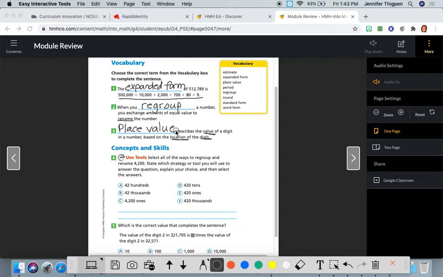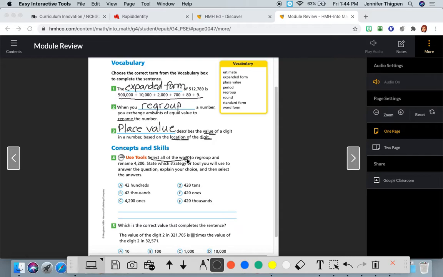So here it says select all of the ways, and you're going to have several test questions that have more than one answer. So read those test questions carefully and make sure that if it says select all the ways, you are selecting more than one answer. So we want to figure out all the ways that we can regroup and rename 4,200.